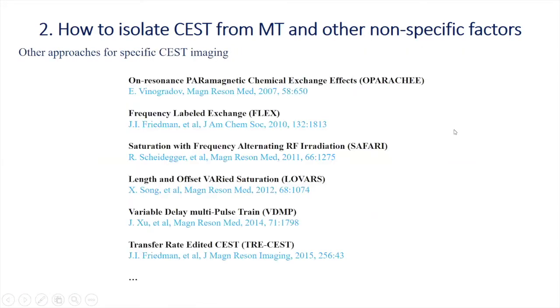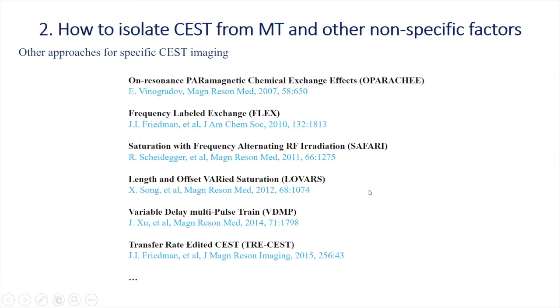Besides the third, there are also many other approaches, such as unresonant paramagnetic chemical exchange effect, FLEX, SLOW, LAVA, VDMP, and CEST. And all these methods employ different features of the spins to isolate the CEST effect. However, currently, most methods are still applied on high field preclinical scanners.